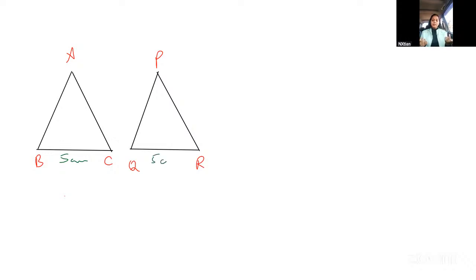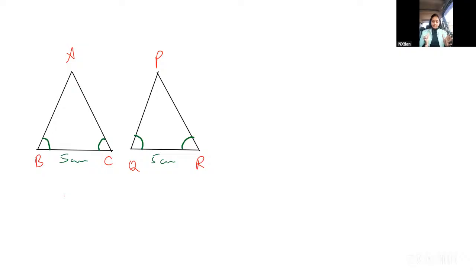What two angles, ma'am, will we take? We will take angle B and angle C, and in this one, we will take angle Q and angle R. On line BC, what two angles are there?